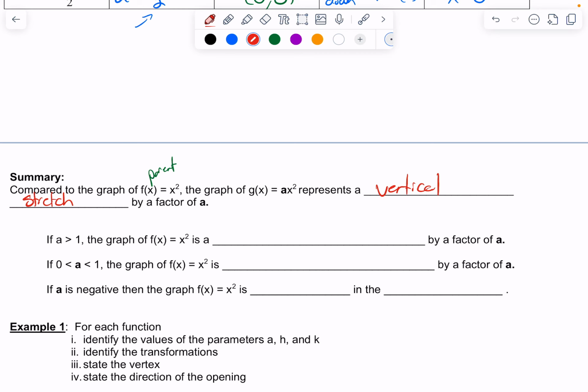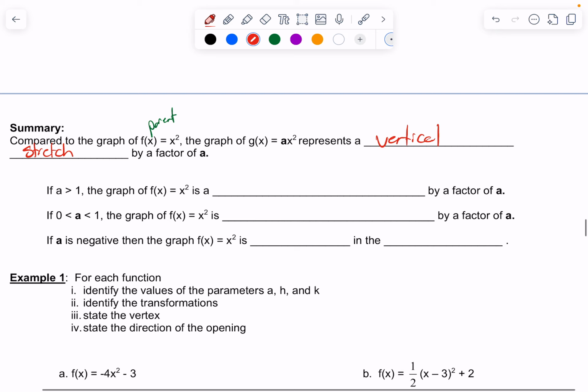And if a is greater than 1, again, being a whole number like 2, 3, 4, it could be anything, it could also be like 4.5, the graph of f of x squared is vertically stretched by a factor of a.